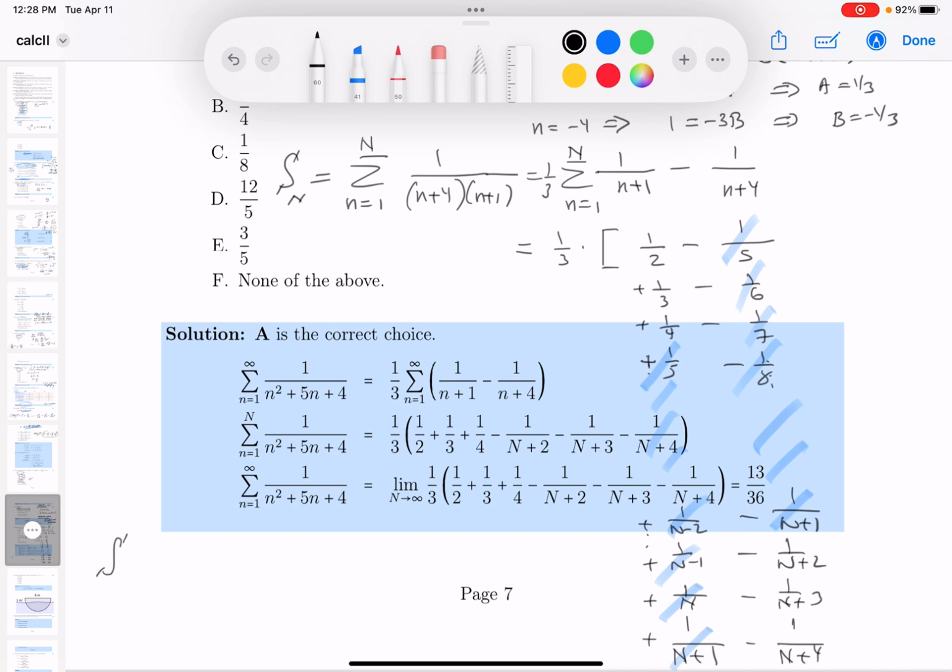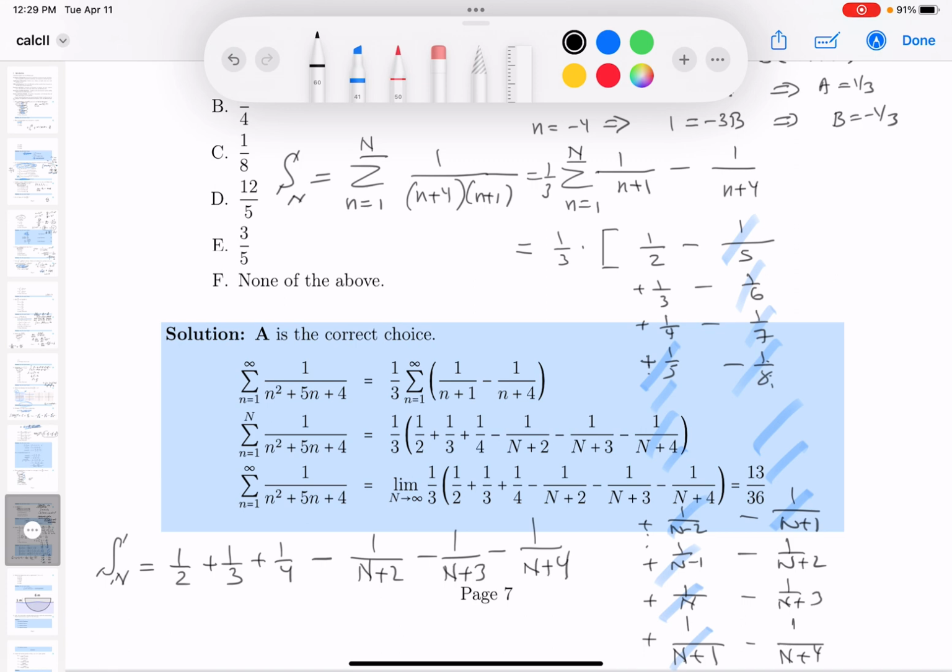S_n equals, let's write this down. I'm going to write down the first 3 terms, which is 1/2, plus 1/3, plus 1/4. And then I have 3 terms at the end: minus 1 over n plus 2, minus 1 over n plus 3, minus 1 over n plus 4.